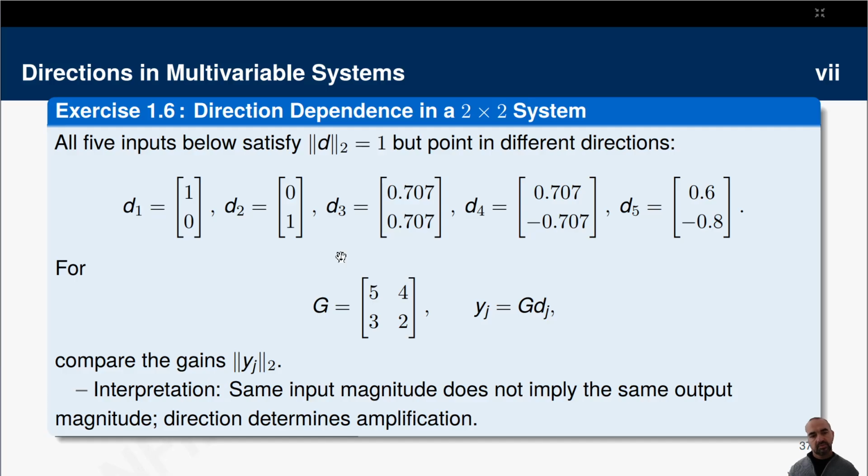Unit energy, obviously we're talking about energy-like input, because we're talking about 2-norm again. But let's go back and restart this exercise. We're going to talk about how direction affects the output.